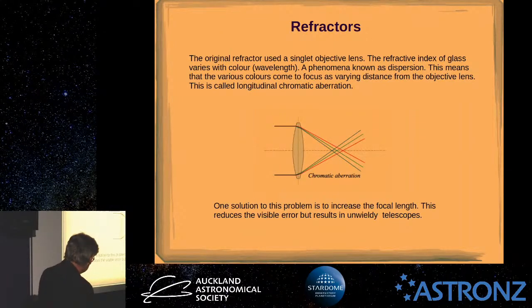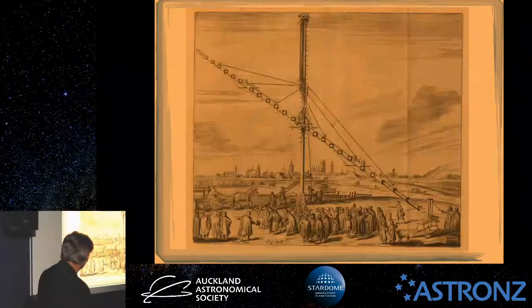So we can get around this partly by making the curvature less, so the focal length is a long, long way out, and then the amount of error isn't so bad. But you get a pretty unwieldy telescope like this one.